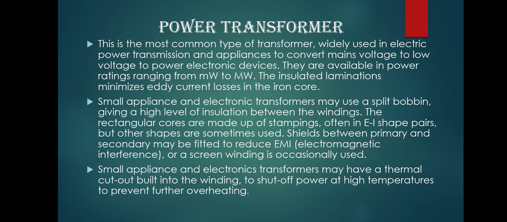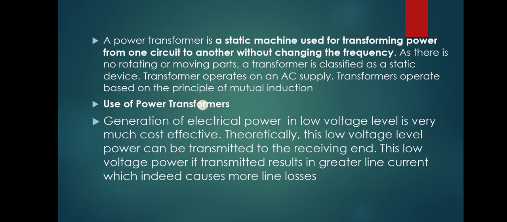Shields between primary and secondary may be fitted to reduce EMI, electromagnetic interference, or a screen winding is occasionally used. Small appliances and electronic transformers may have a thermal cutout built into the winding to shut off power at high temperatures to prevent overheating.